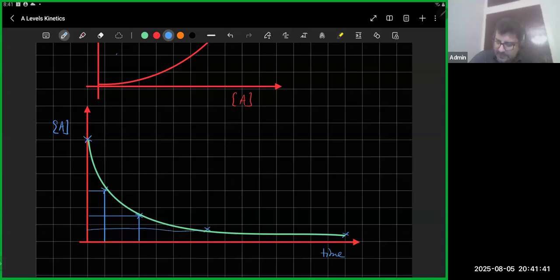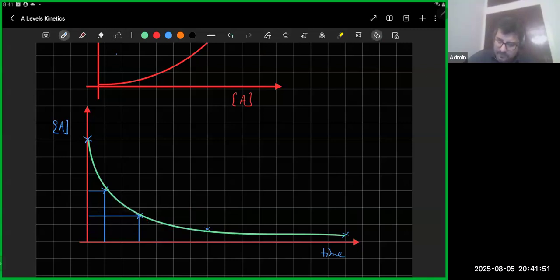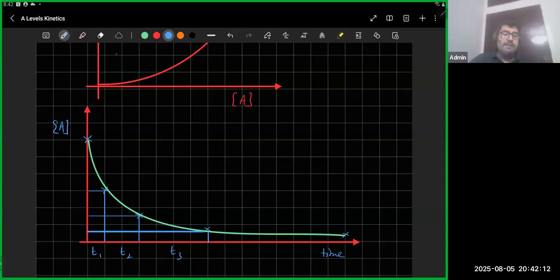Third time, half होने में it takes an even longer time. So you get the idea that the half-lives are doubling. So T1 first half-life, T2, that's the second half-life, T3, it just slows down too much.